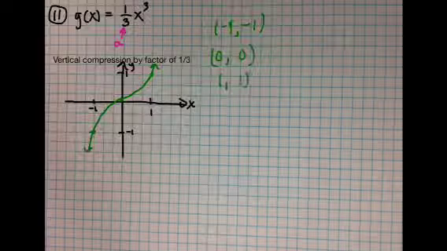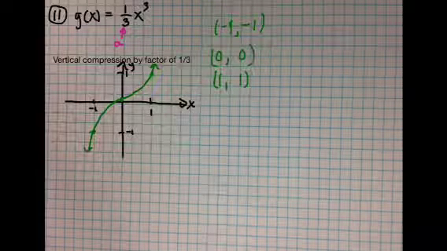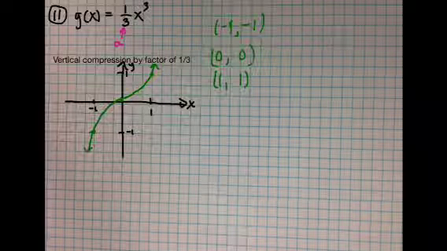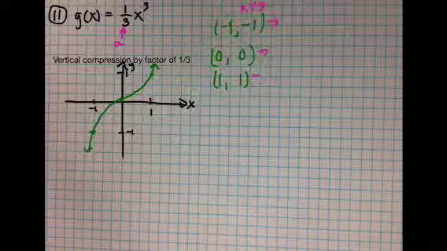Okay? So the y's are going to get multiplied by 1/3. So up here I could put times 1/3 as a reminder, but the x's are not going to change this time because b is 1.